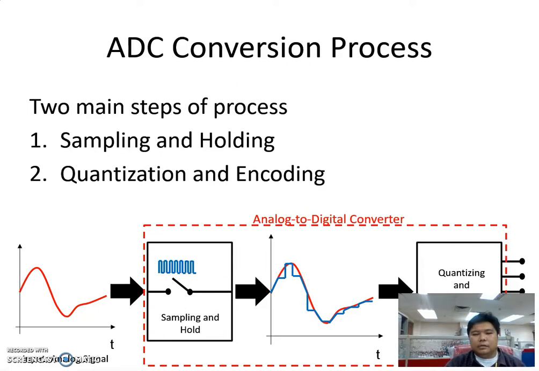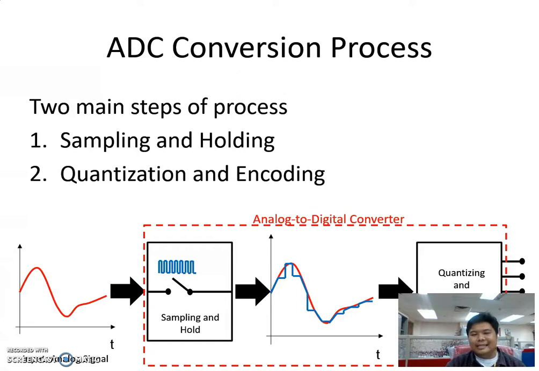Here we have a diagram showing sample and hold. Each time the signal is triggered, represented here by a switch, the switch changes between low and high following the analog signal.